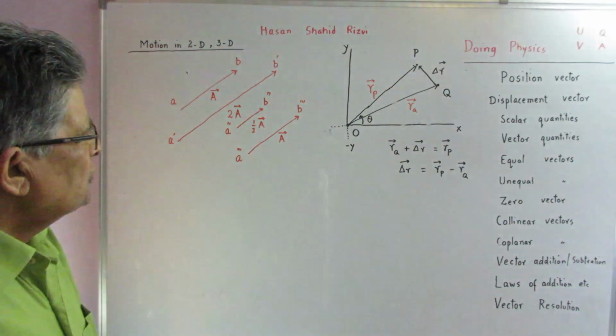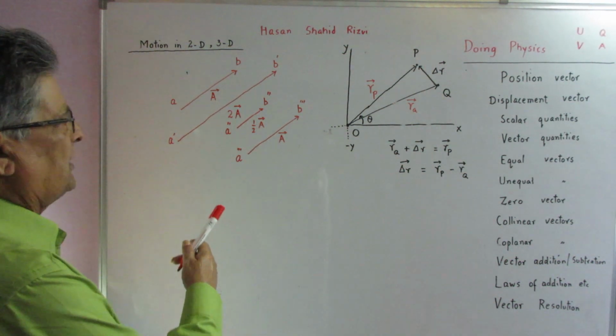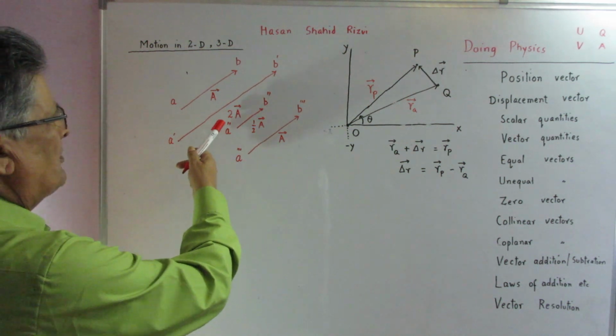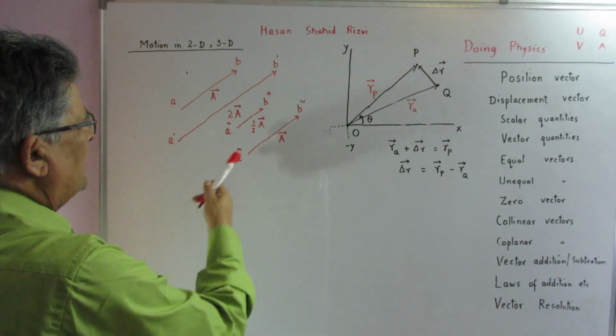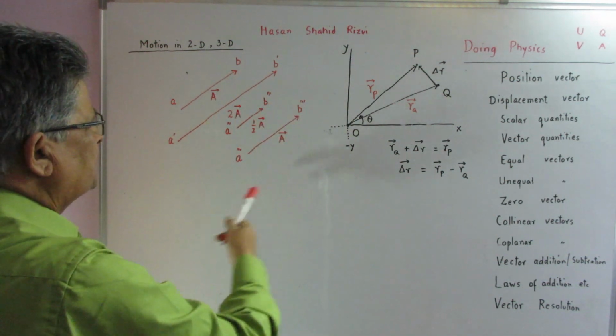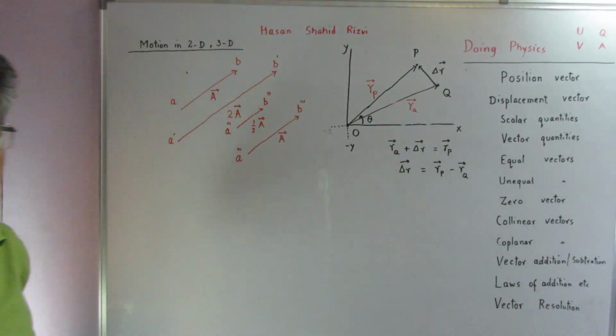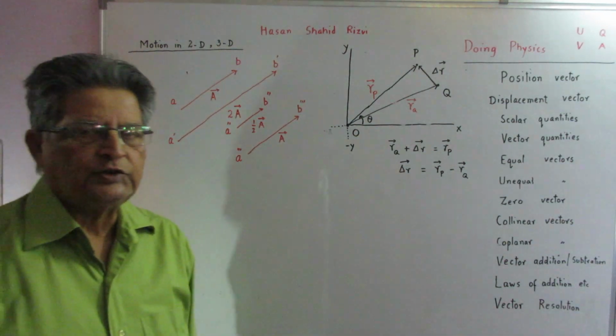Okay. So multiplying a vector by a number, here 2, here half, etc., only changes the magnitude of the vector. The direction of the vector is unaltered, unchanged.